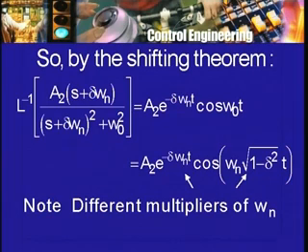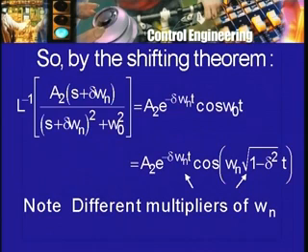That exponential is e to the minus delta omega n t, and therefore the function is a2 e to the minus delta omega n t cosine of omega 0 t. Or if I write it with omega n in place of omega 0, that is omega 0 expressed in terms of omega n, I'll have it as a2 e raised to minus delta omega n t cosine of omega n square root of 1 minus delta square into t.